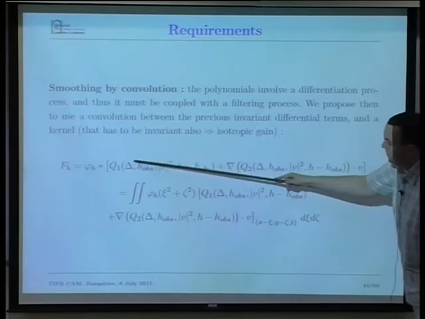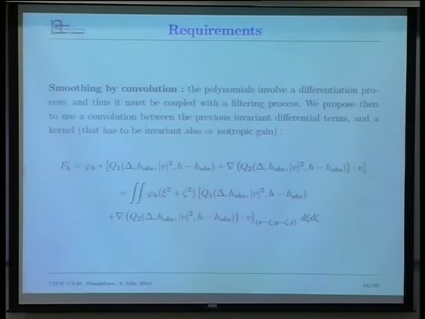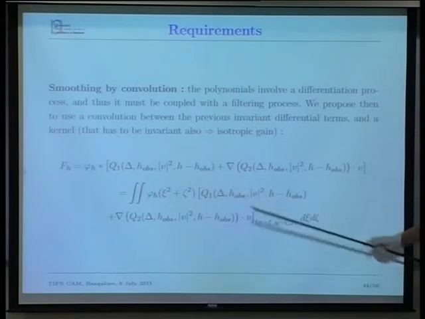Because if there is a Laplacian of the observations, for instance, the observations are noisy, and if you take a nudging, if you have a noisy signal and then you take the derivative, you have something extremely noisy, and if you take a second time derivative, it's even worse. So you need to smooth this term, and the best choice is a convolution by some kernel.